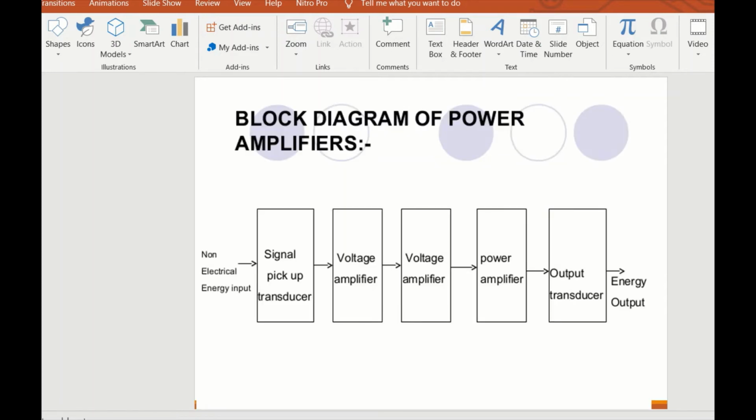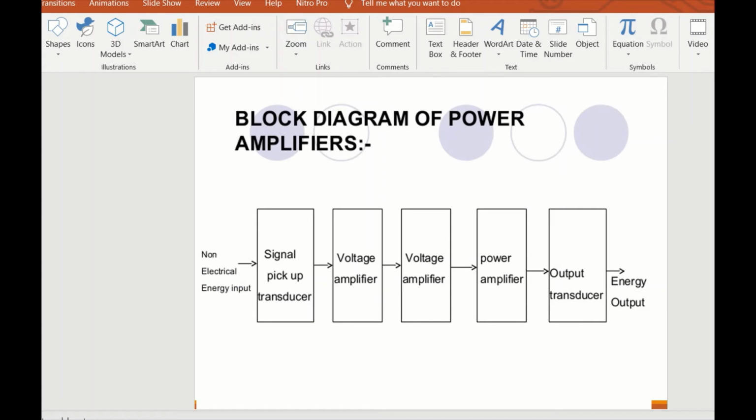Here we will discuss the basic block diagram of a power amplifier. In a power amplifier, we also use various stages of voltage amplifier. Here you can see how the power amplifier works. At the input, some non-electrical signal is picked up, so the signal pickup transducer senses the signal.